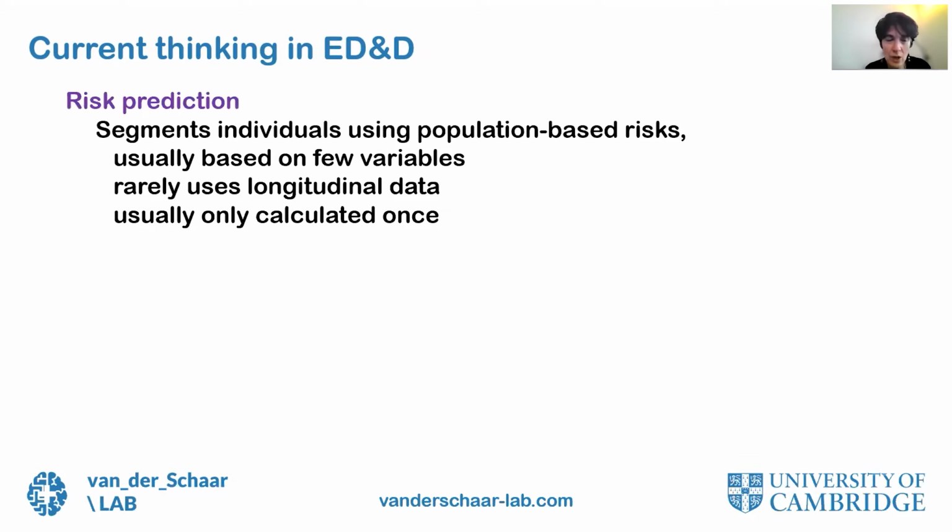diagnosis today. On one hand, we have risk prediction, which segments individuals using population-based risks, which are often based on relatively few variables, rarely integrating longitudinal data, so data that contains diverse measurements, or features and variables of the patient over time.